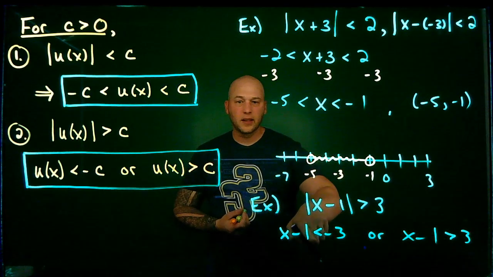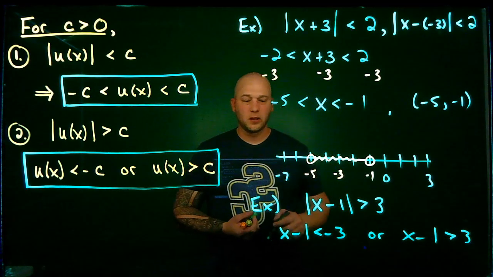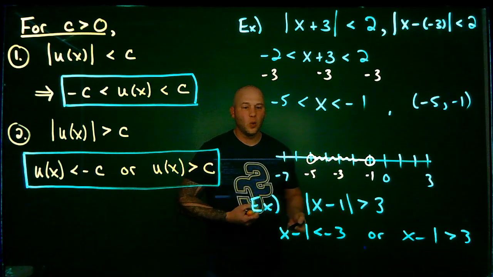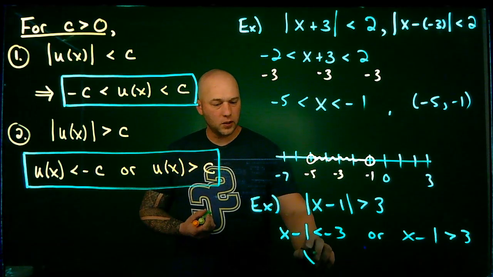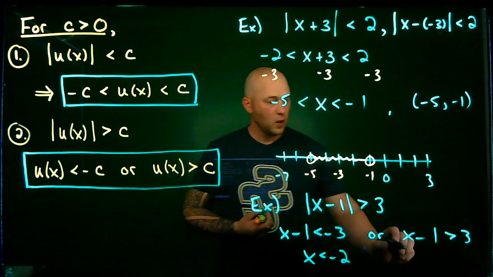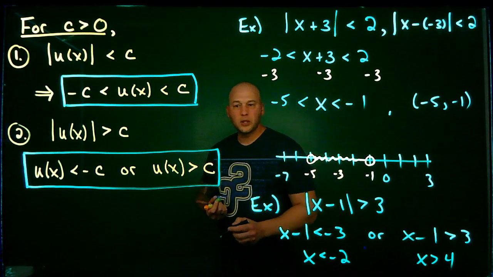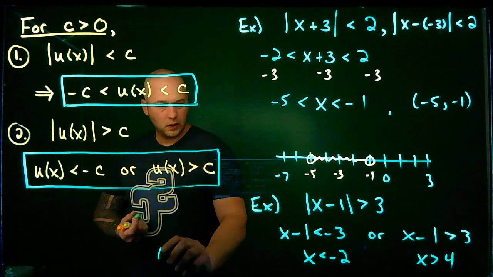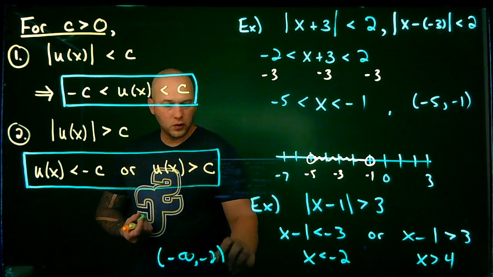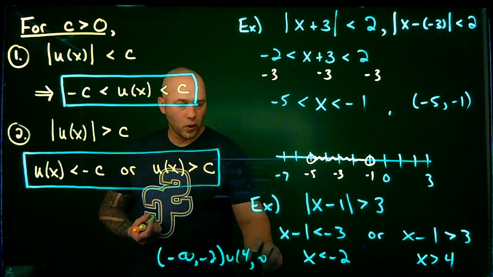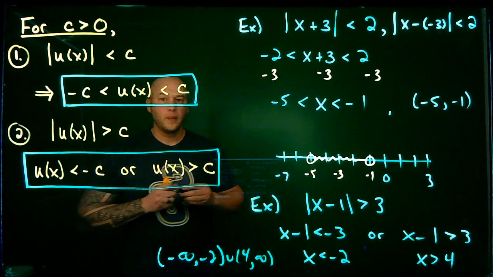So less than the negative, bigger than the positive. Solve each of those two inequalities. This gives me x is less than negative 2. Over here I get x is bigger than 4. And so my solution set would be negative infinity to negative 2, union 4 to infinity.